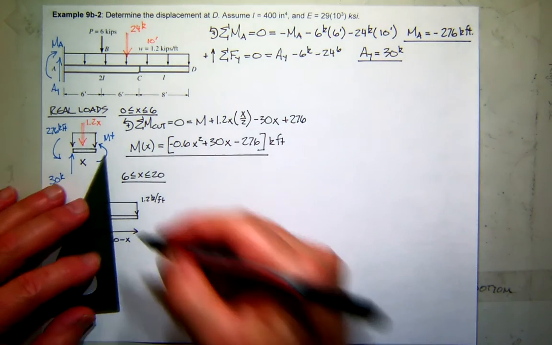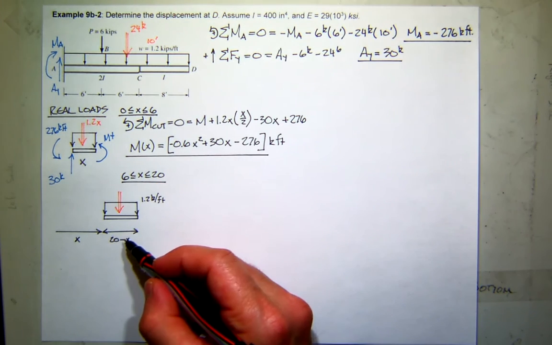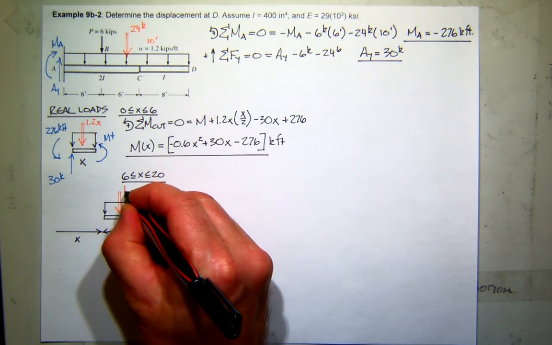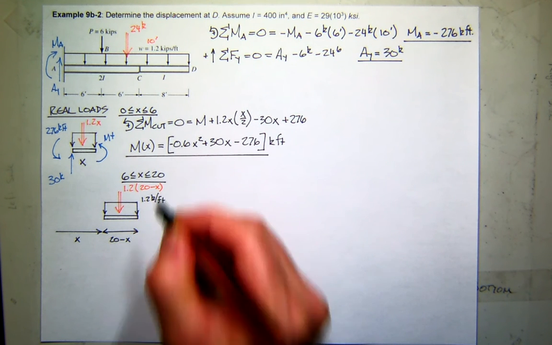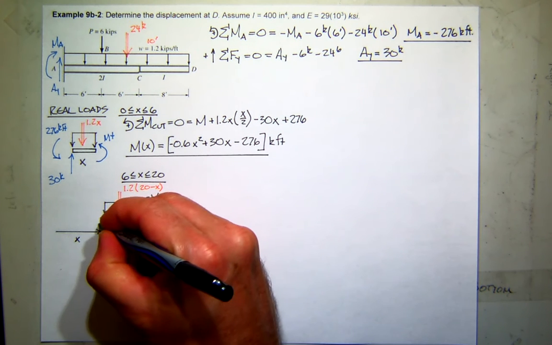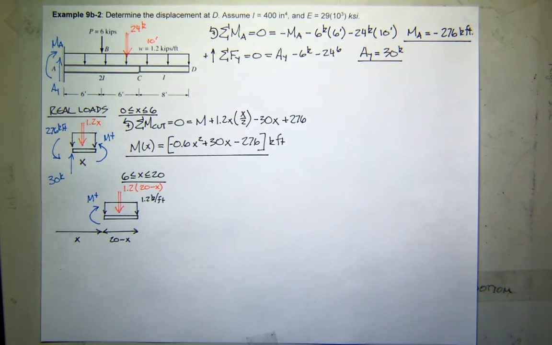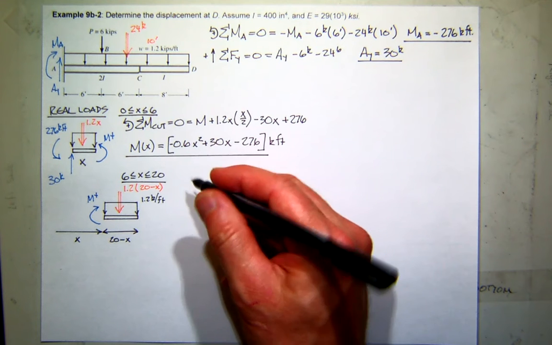So I know that the concentrated equivalent force there is going to be base times height, so that's 1.2 times 20 minus x. Kind of squeezed it in there, sorry. And then at the cut, there's my positive bending moment. I don't think I'm going to leave myself enough room to solve this problem, am I? Oh well, get another piece of paper.